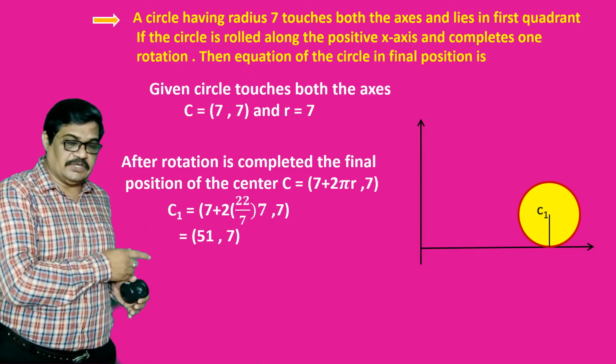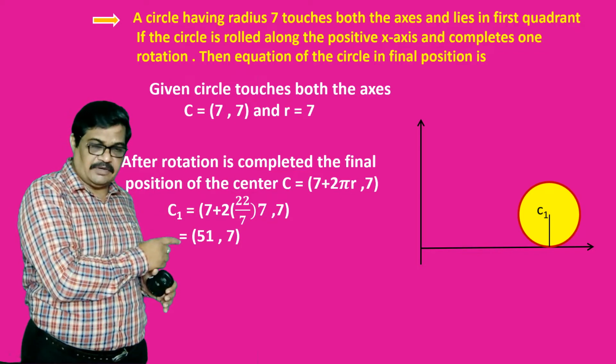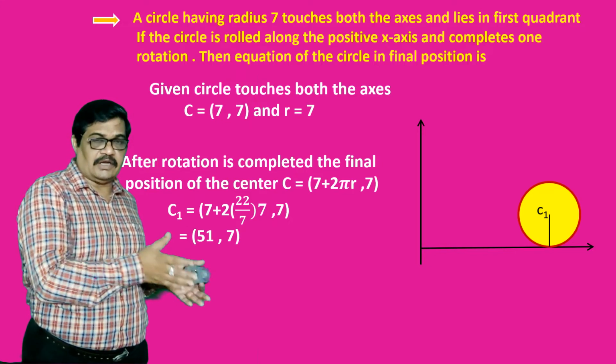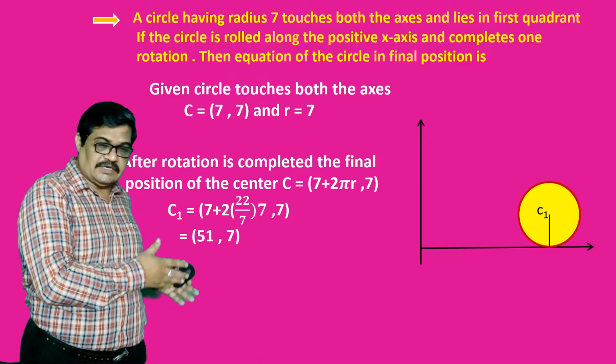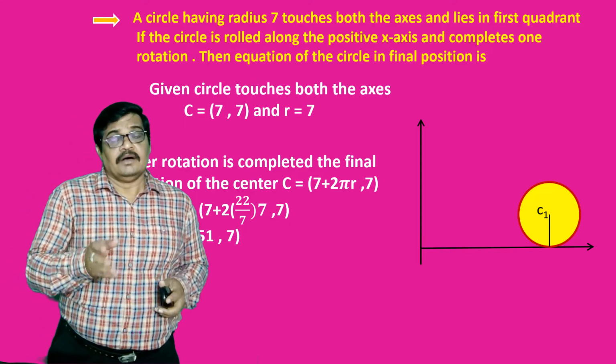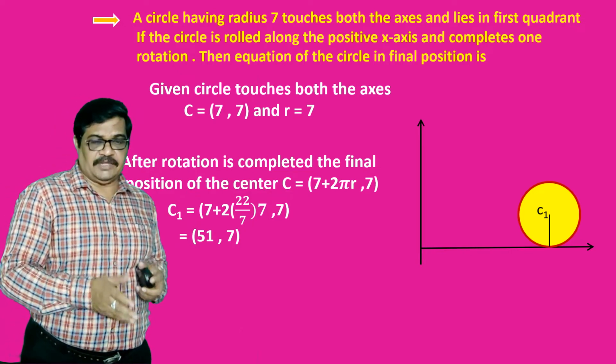C1 is equal to 7 plus 2, where pi is 22/7 and r is 7. Calculating, we get C1 as (51, 7). That is the center in the final position of the circle.